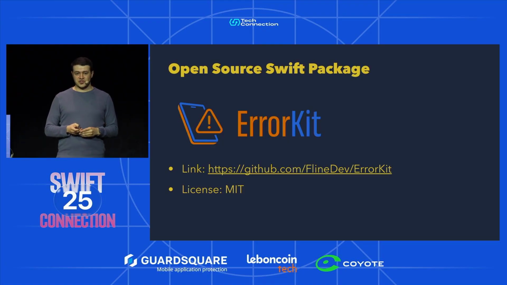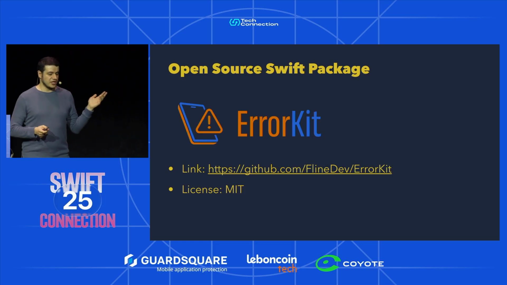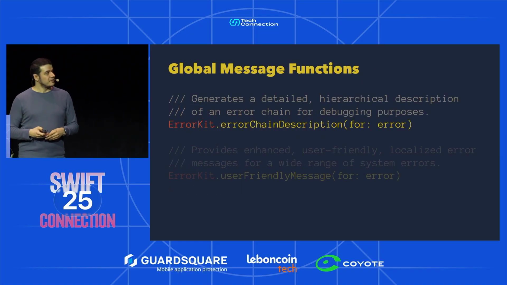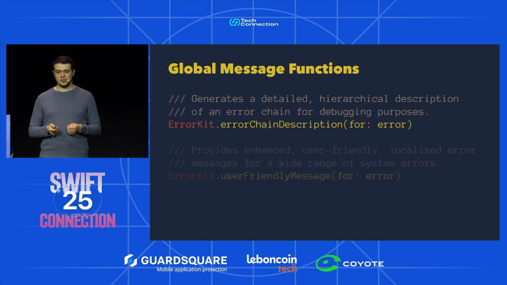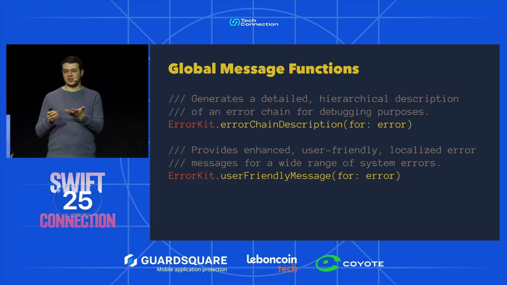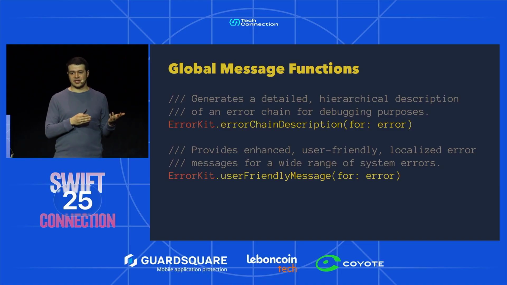All this code that I just showed you is open source in a package I called ErrorKit, and it's licensed with the MIT license, so you can use it. And it comes with a few extra features. You saw the error chain description I just talked about, but there is also a user-friendly message that is global. What it does is, of course, if your type is conforming to Throwable, it will use the user-friendly message from there.